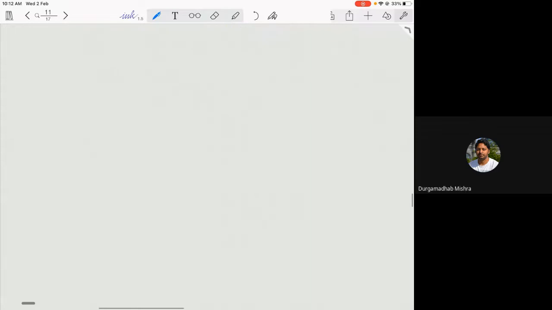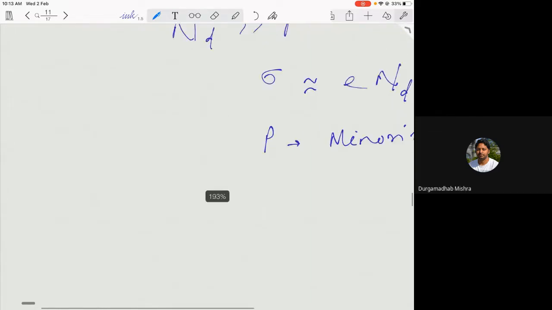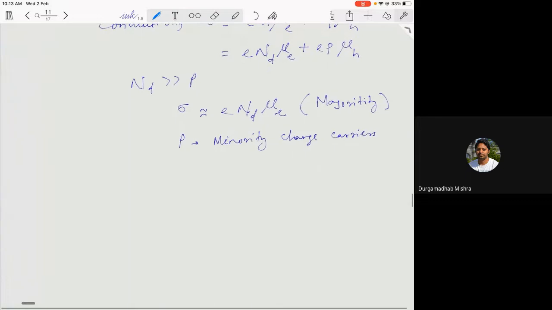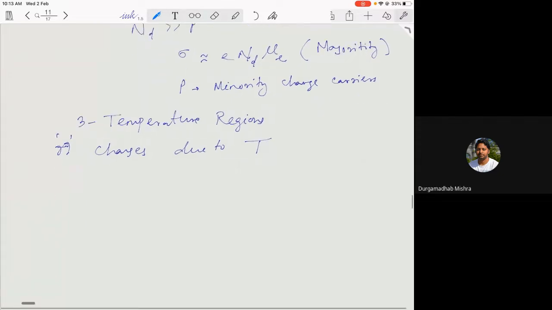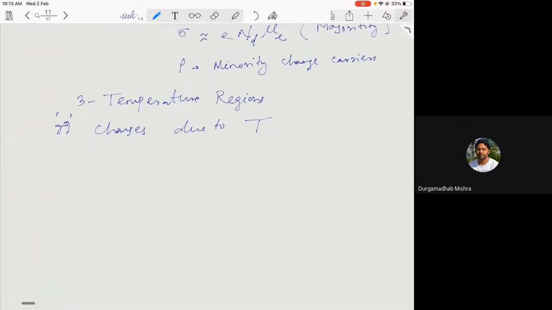So we say there are three temperature regions, and we will look at how the carrier concentration n changes due to temperature. Let's look at the low temperature regime, in which the temperature is less than Ts.